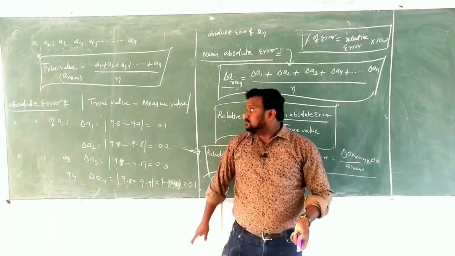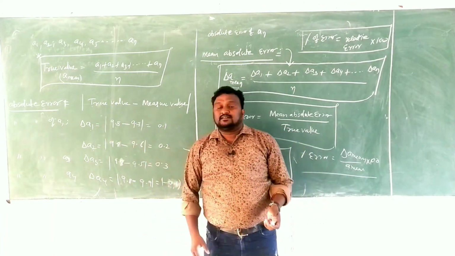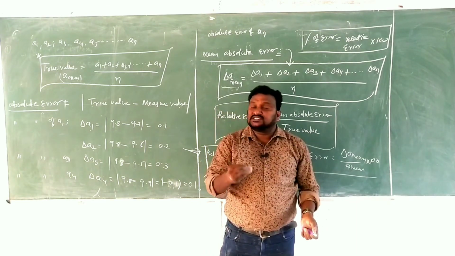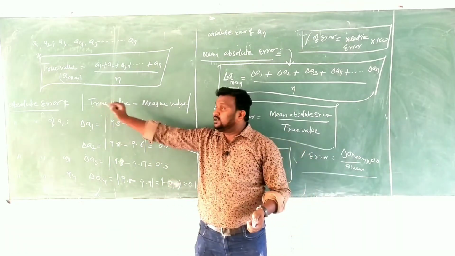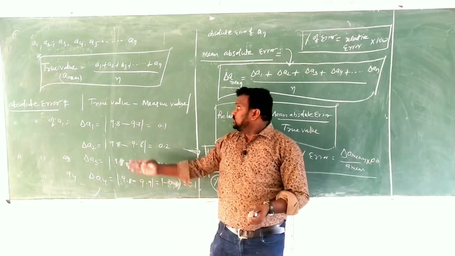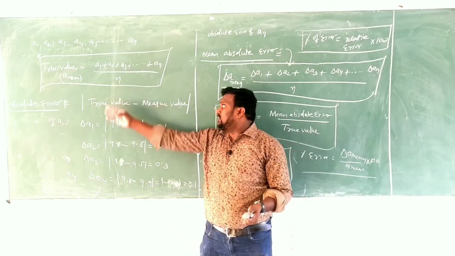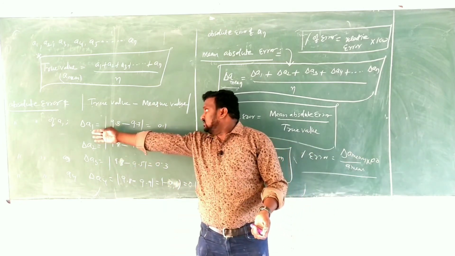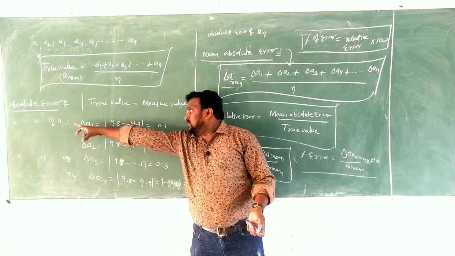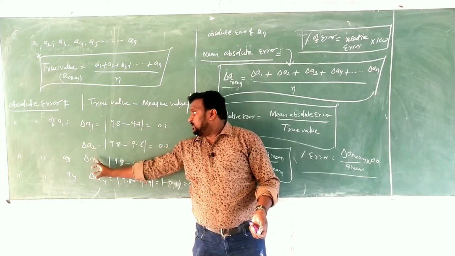And the second definition, what is that? Absolute error. The magnitude of the difference of true value and measured value is called absolute error. So the true value is the mean we find, and the measured value is what we have taken. So the absolute error of A1 is delta A1, then delta A2, delta A3, like that.